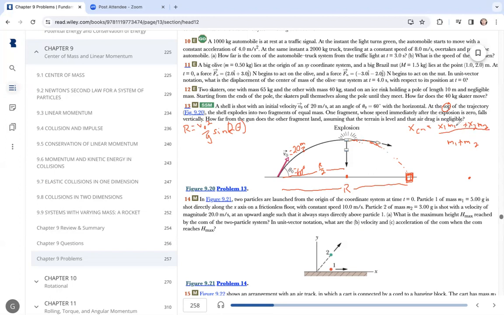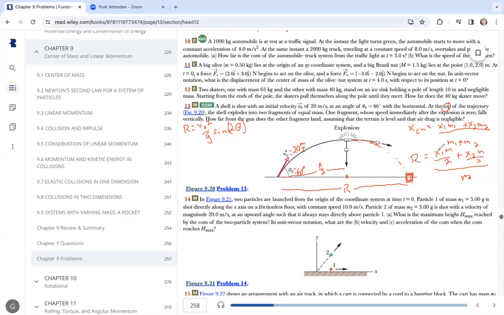So all we got to do is we could just say this is x1 m over 2 plus x2 m over 2 over m total mass, right? Because m over 2 plus m over 2 is just m. And together, these two things should equal R, right? Whatever R is.